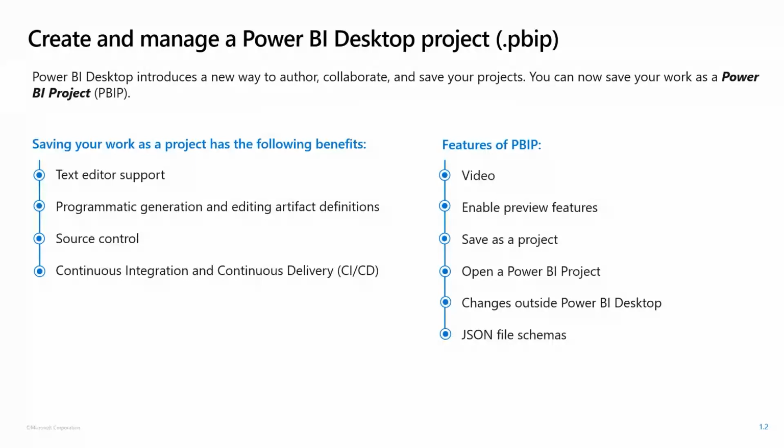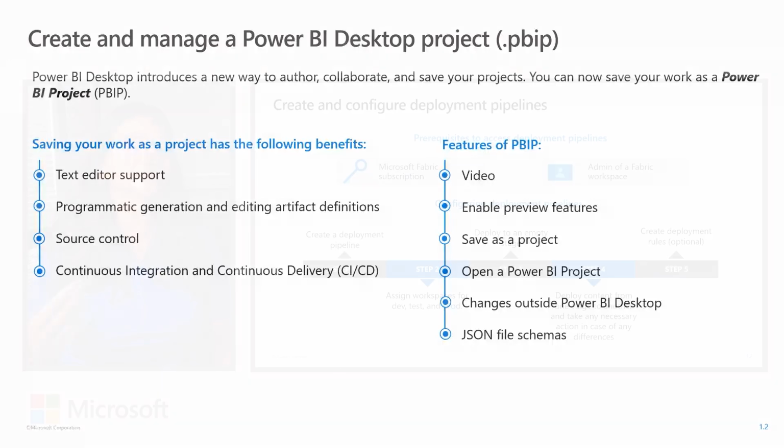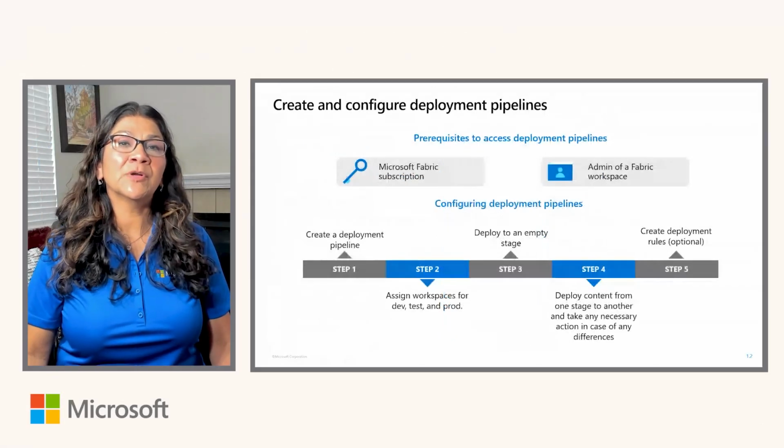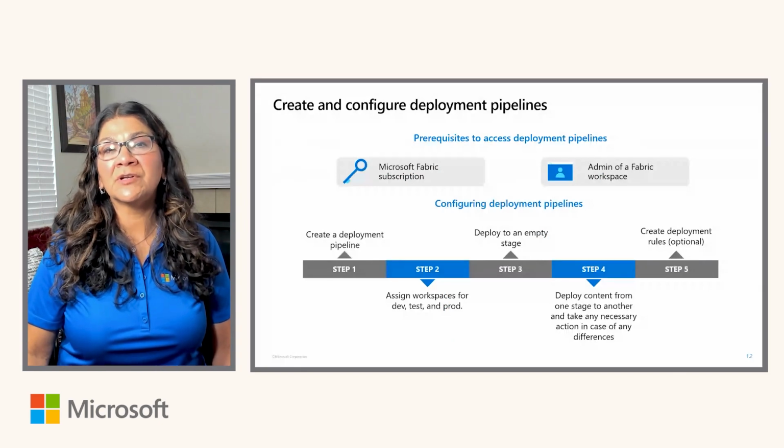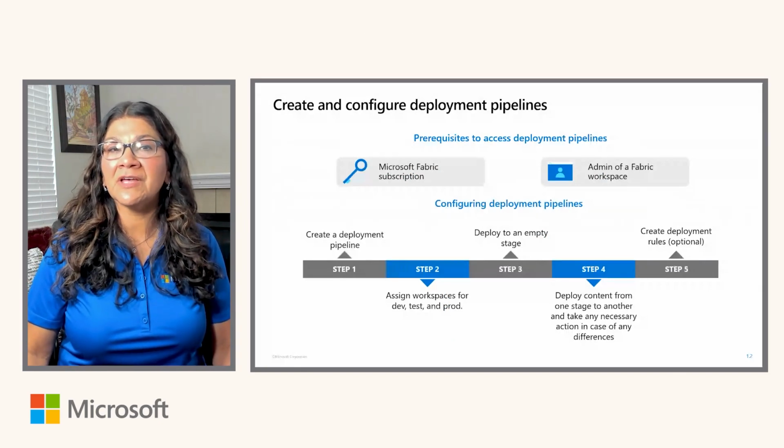Recall too that you can make changes outside Power BI Desktop to your semantic model and report definitions, and that can be done in Visual Studio Code, or through the Tabular Editor, or even through Notepad.